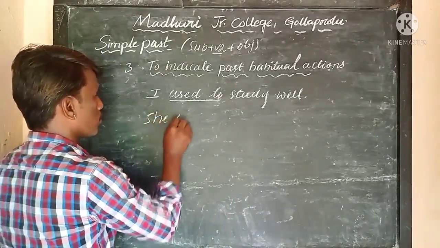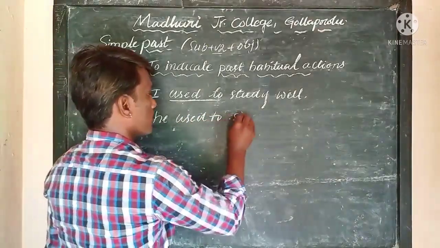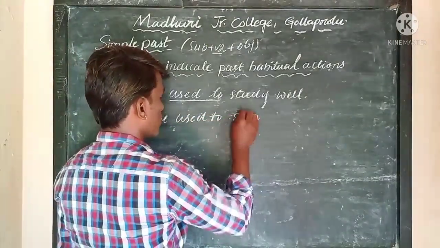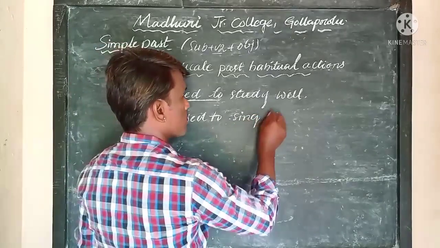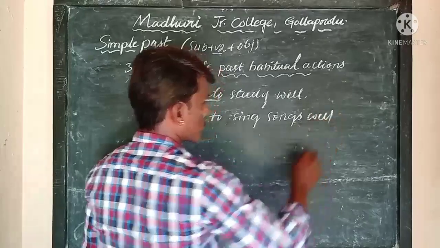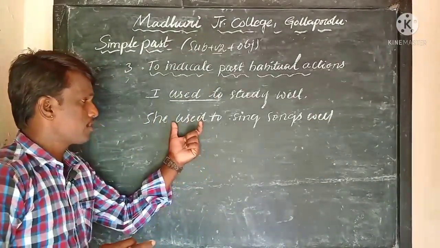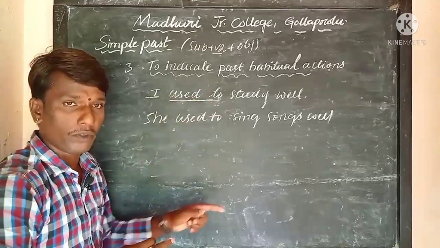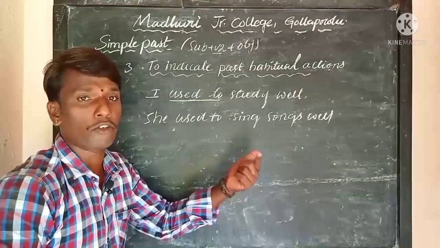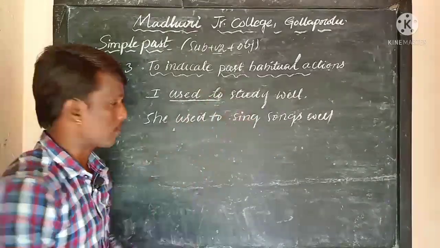She used to sing songs well. She used to sing songs well. That means earlier she was good at singing songs. Now she is not singing songs like how she sang earlier.